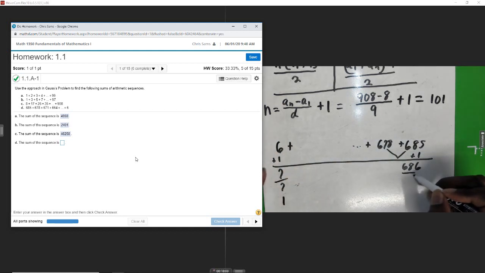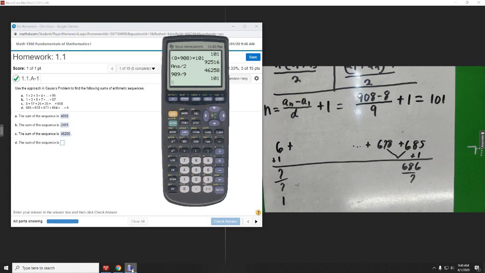And 686 divided by 7 should give me a count for the number of terms that we have. 686 divided by 7 tells me we have 98 terms. That is my n.